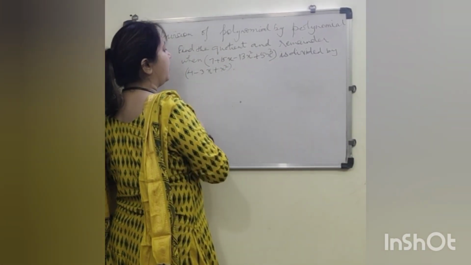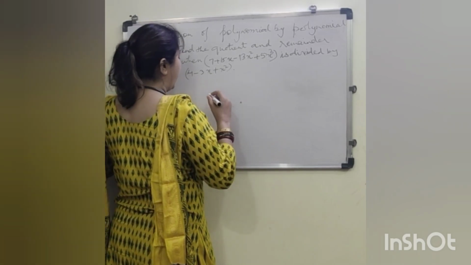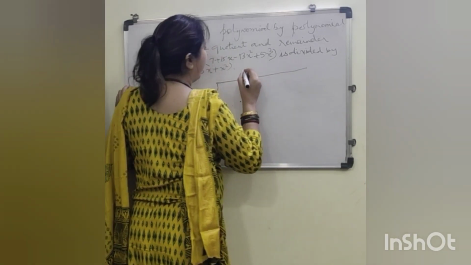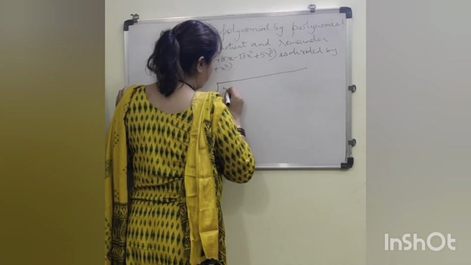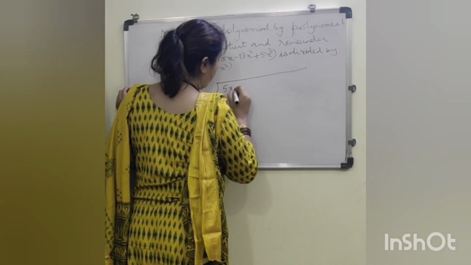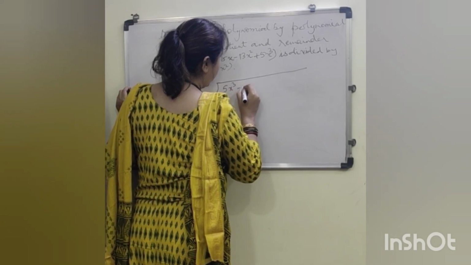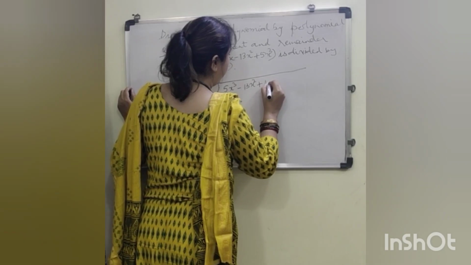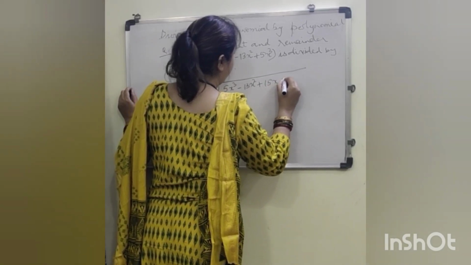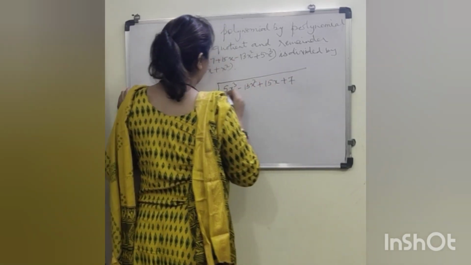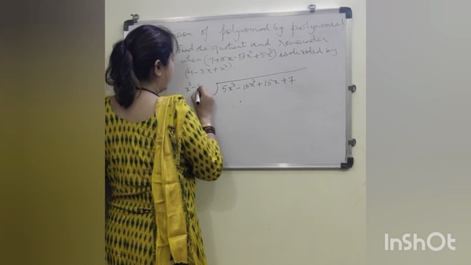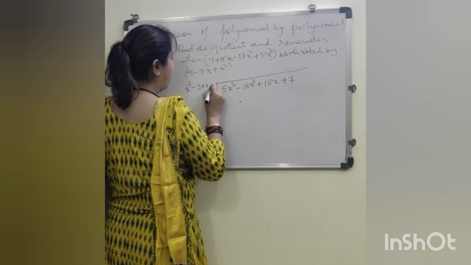No, they are not arranged. So when you write in this format, you will write arranged 5x cube minus 13x square plus 15x plus 7 divided by x square minus 3x plus 4.